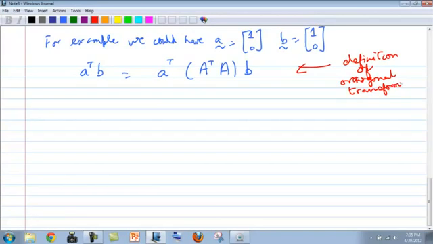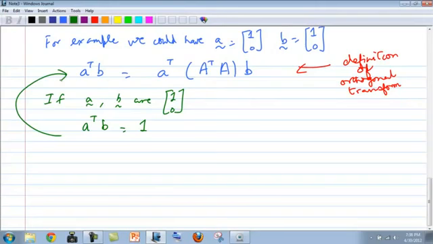Okay, so but now we can take these particular specific examples. So if A and B are both 1, 0, then what do we get? So A transpose B will give me 1. Okay, that's what we get on the left hand side. What happens on the right hand side?